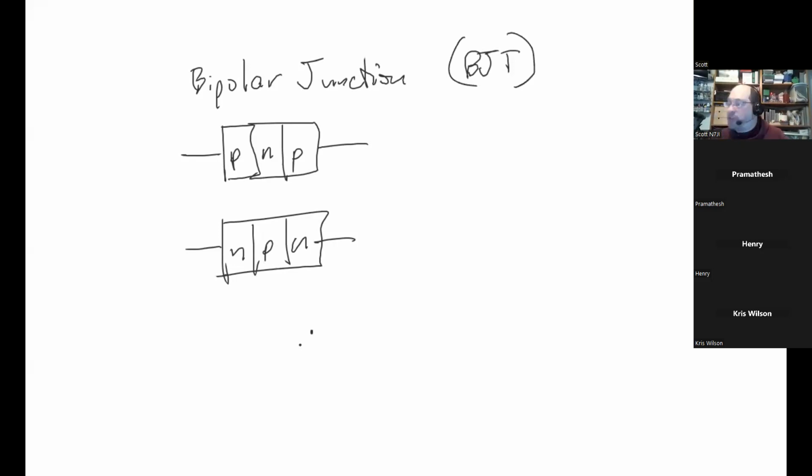And they are 3-terminal devices. So notice that this is a diode and this is a diode, right? Each of them is actually kind of like 2 diodes squished back to back. And we draw a bipolar junction transistor like this.